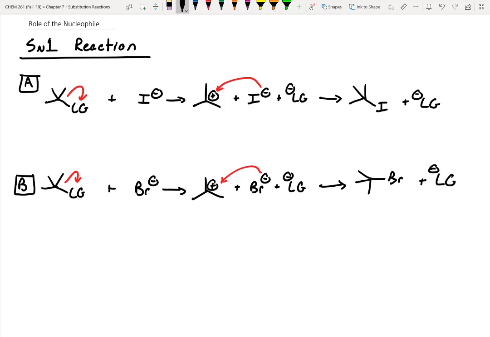My question for you is which of these reaction pathways is going to be faster or more likely? Check with your neighbor and see.